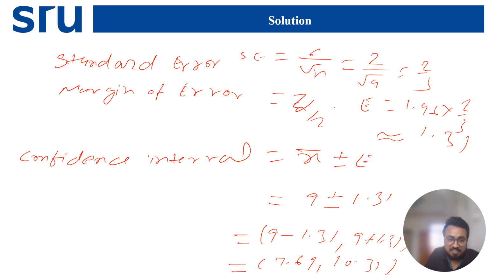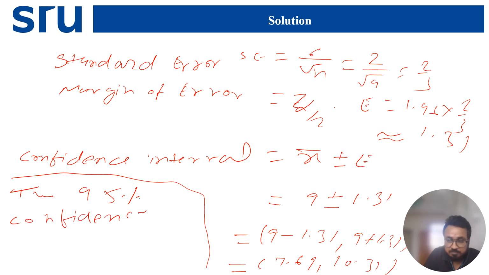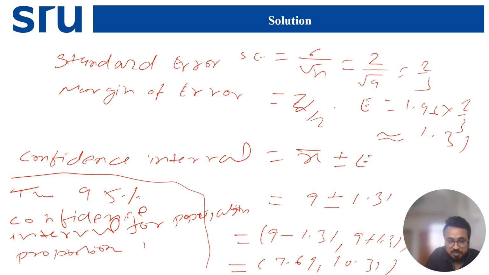So this can be written as: the 95% confidence interval for population proportion is 7.69 to 10.31.